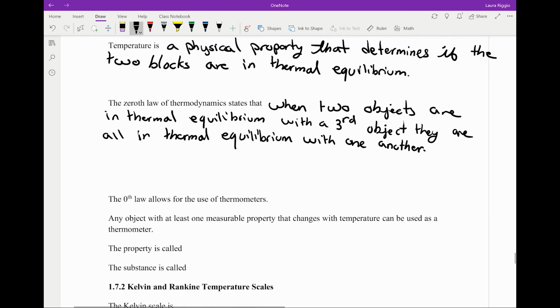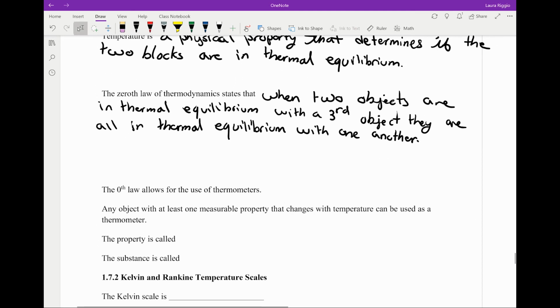The zeroth law of thermodynamics basically allows us to use thermometers to measure temperatures by saying, hey, these two objects are in thermal equilibrium with each other, with a third object, which means they're all in thermal equilibrium with each other, so this is the temperature.